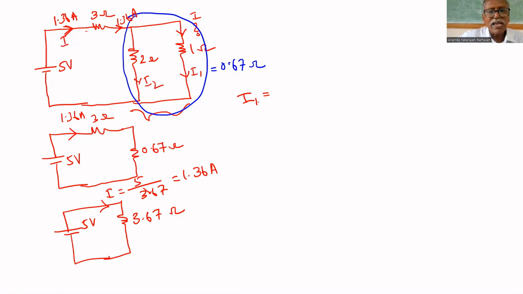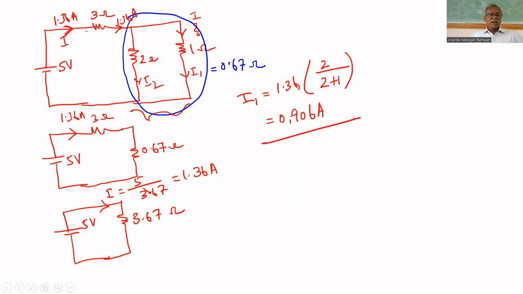I1 equals the total current 1.36 multiplied by the other branch resistance, 2 ohm, divided by the sum of the two resistances, 2 plus 1, 3. That gives 0.906 amperes. I1 equals 0.906.